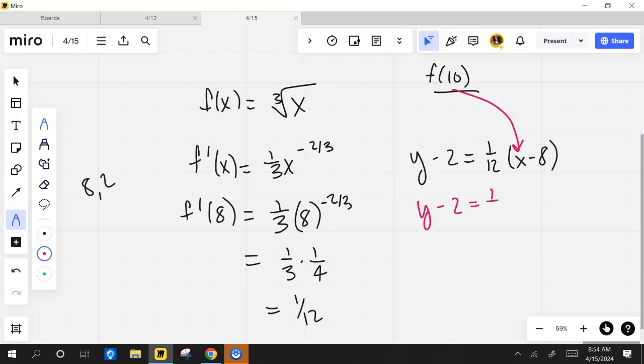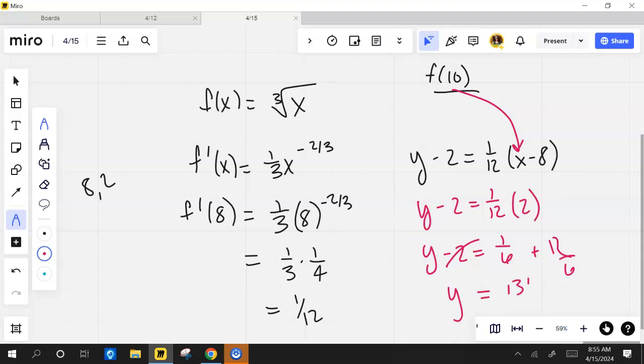Y minus 2 equals 1/12 times 2, that would be 1/6, plus 2, 13 over 6. If you did, you got the right answer.